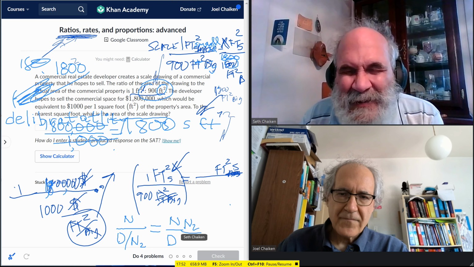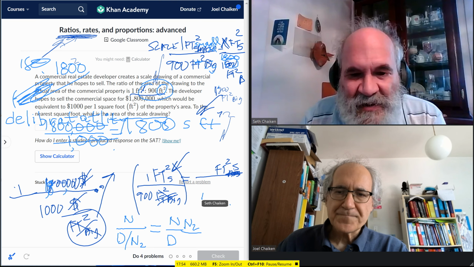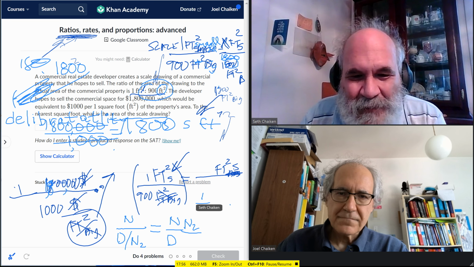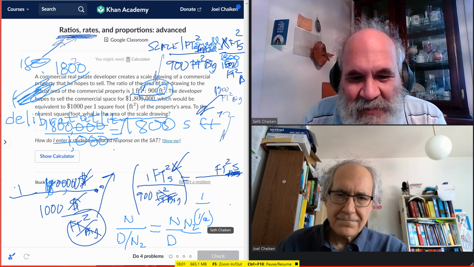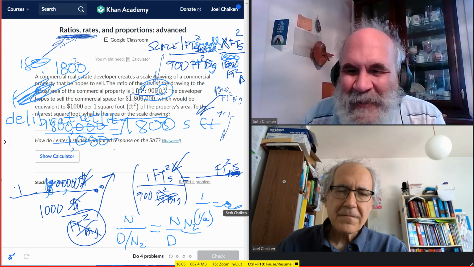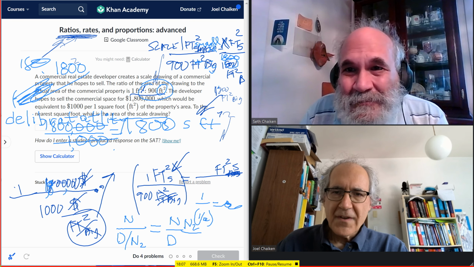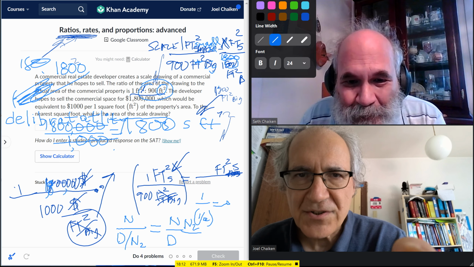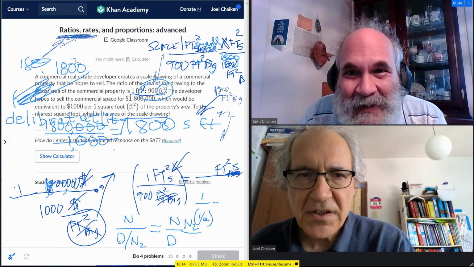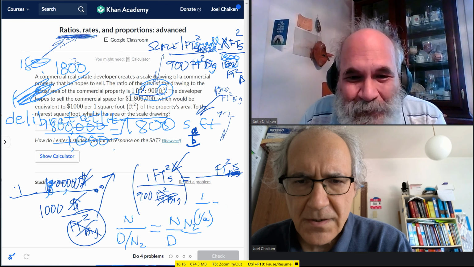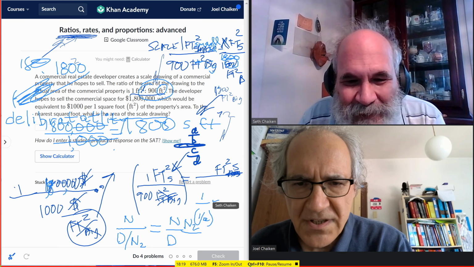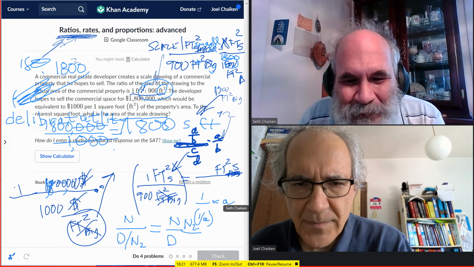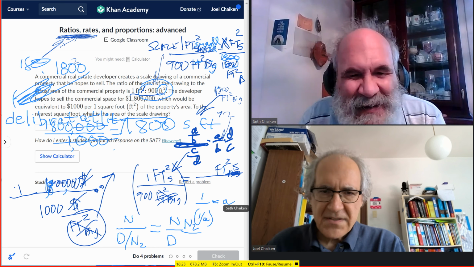The reciprocal of a reciprocal is the original thing. Typically, complex fractions are also shown this way: A over B, over C over D, is A over B times D over C. Same idea.